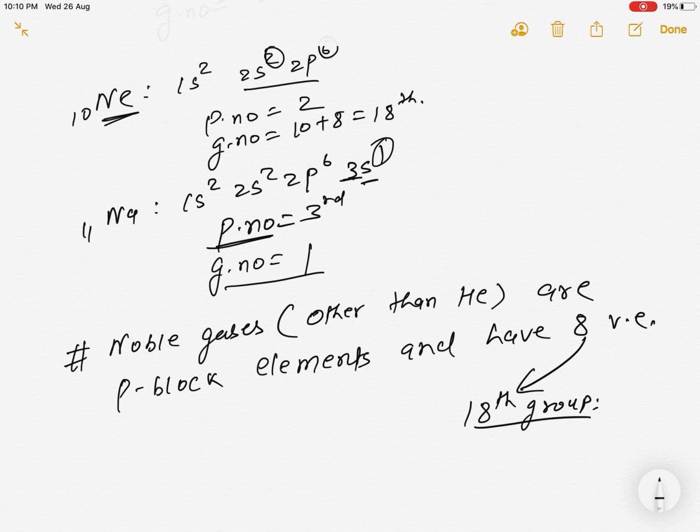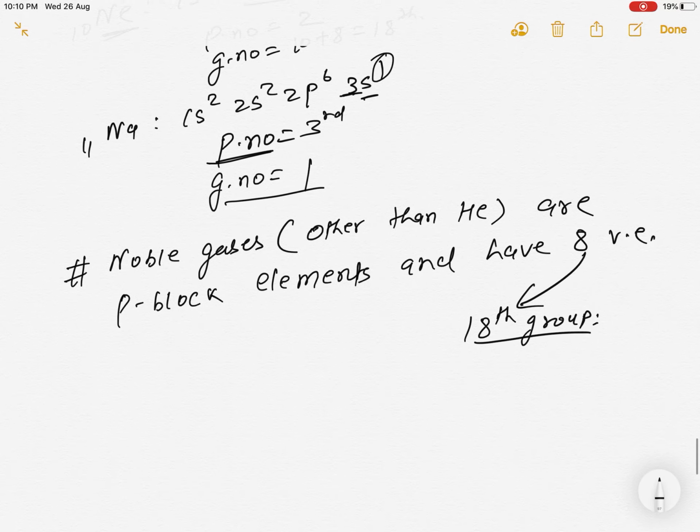Helium, although an S block element, should have belonged to the second group, but it is placed with the 18th group because all the other members of the 18th group are noble gases and they do not show reactivity like helium. That is why helium is placed with the 18th group instead of the second group.